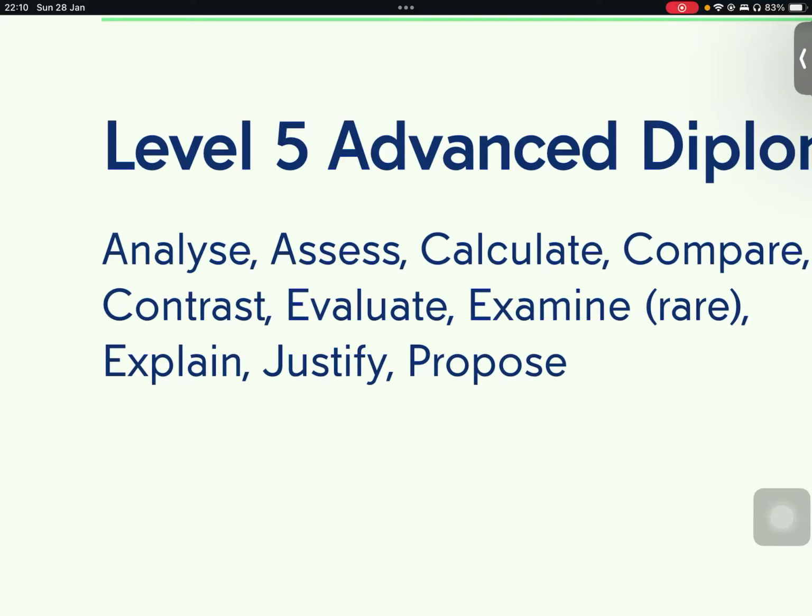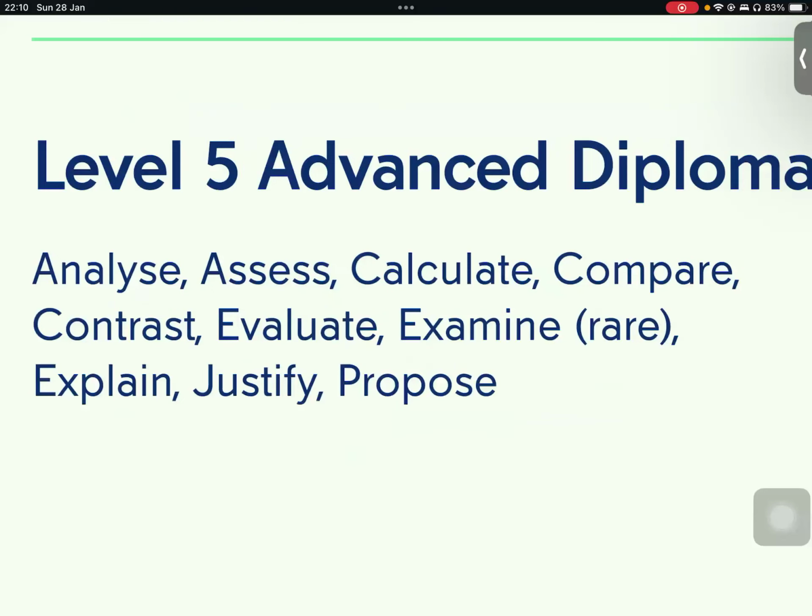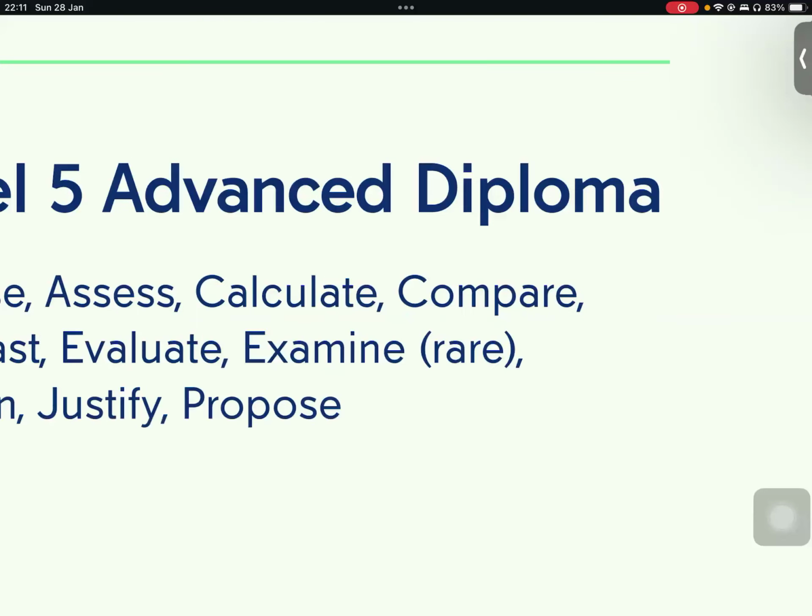In the question or scenario, they already have a solution, and when the common word is justify, your job is to give the right reasons why we should do that. And as in level 4, we have propose.